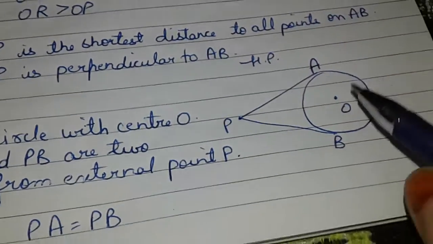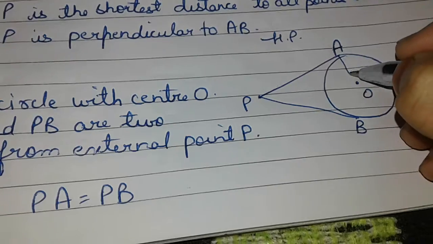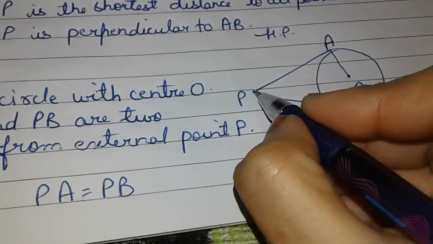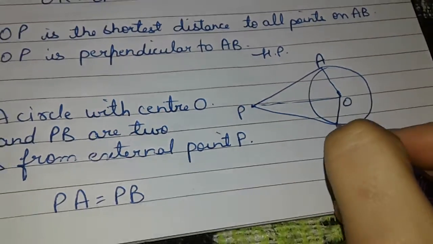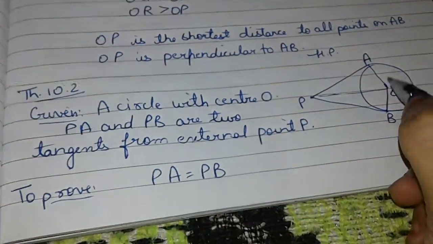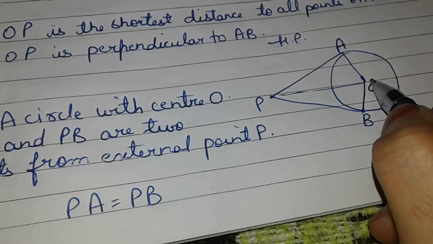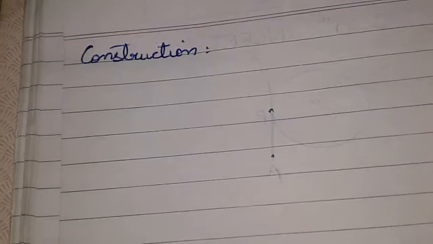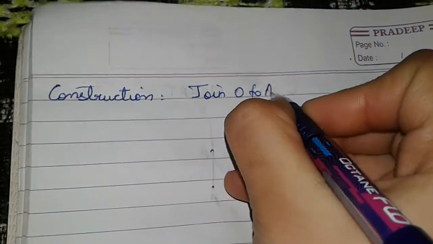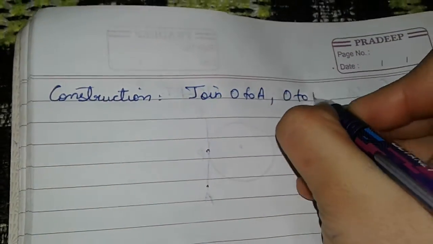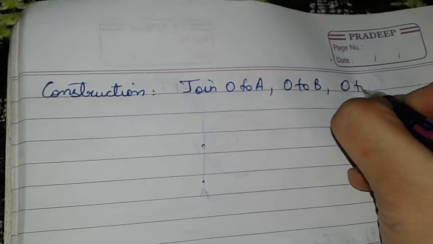Construction we will do here. Join O to A, this is the radius, and join P to O. And join O to B. Here is the construction: join O to A, O to B and O to P.